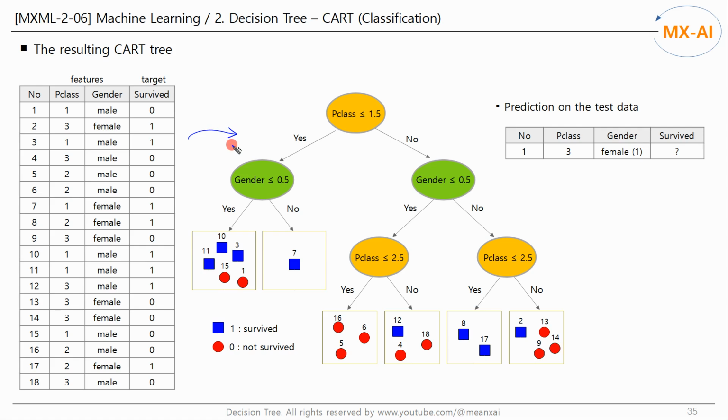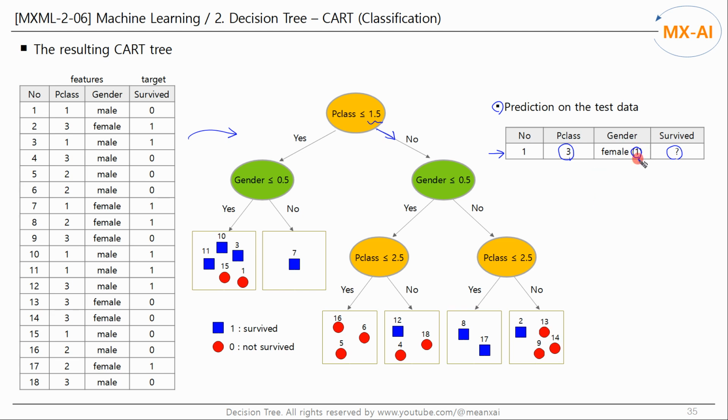Now that the tree has been built, we can use it to predict the class of test points. Let's say we have a test data point like this. We want to predict the target class of this test data point. Since the P-class feature is greater than 1.5, we follow the right branch from the root node.